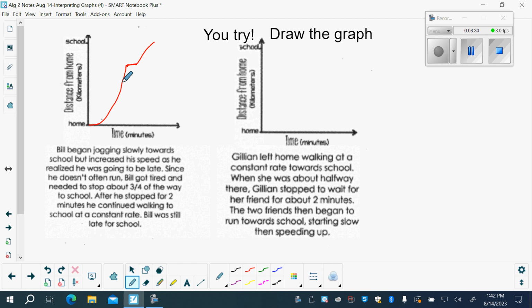Okay, so Jillian left home walking at a constant rate towards school, and then when she was about halfway there, she stopped. So we're going to get a line that looks like this, and then we stop for a short period of time, and then the two friends begin to run towards school, starting slow and then speeding up.